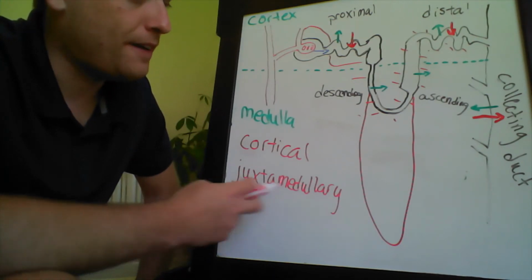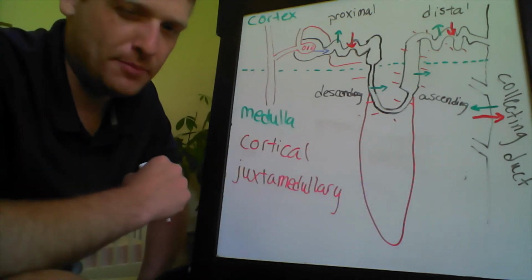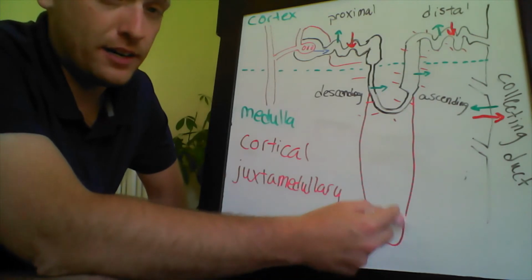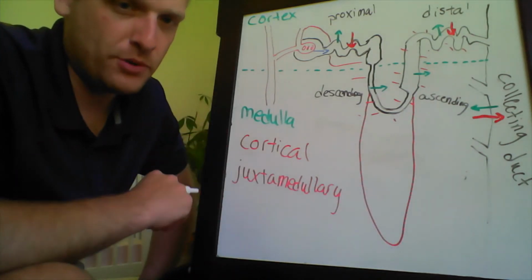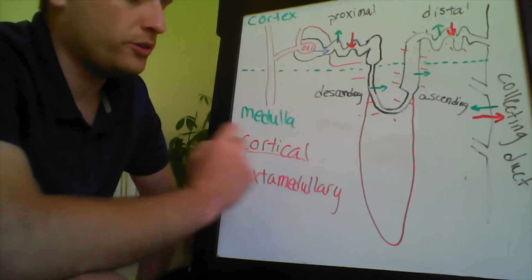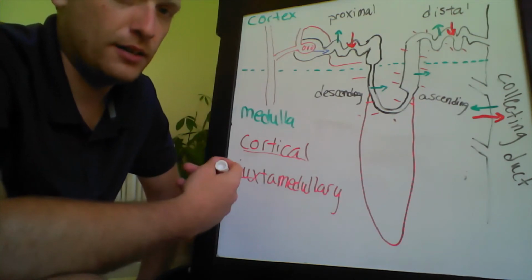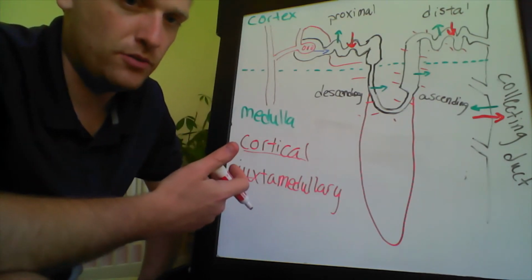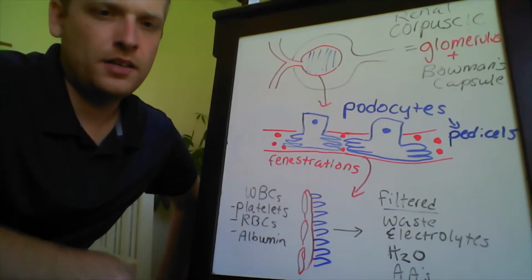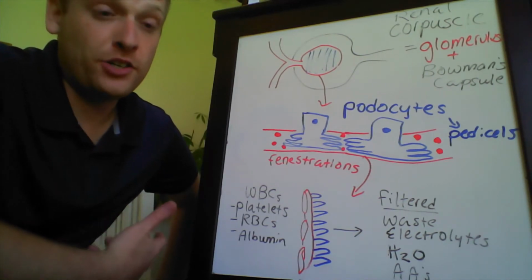So the fact that they dip down much further into this salty medulla provides a lot more surface area of tubule for water reabsorption to be taking place. So again, there are many more cortical nephrons than there are juxtamedullary, but juxtamedullary nephrons are important for allowing us to fine-tune water reabsorption.